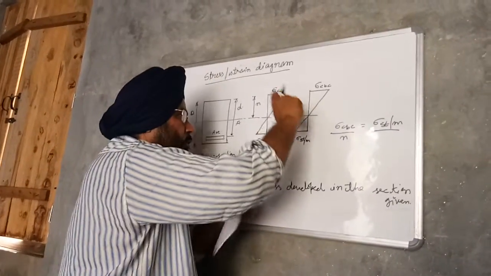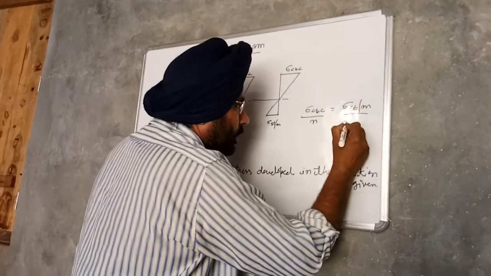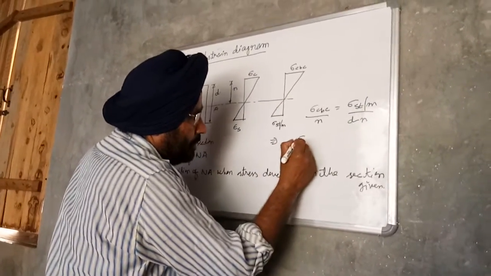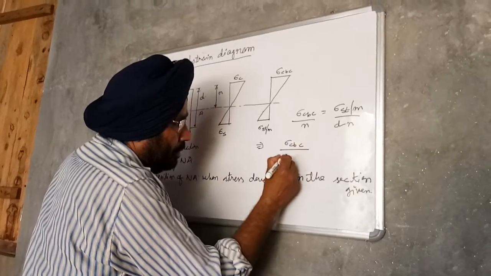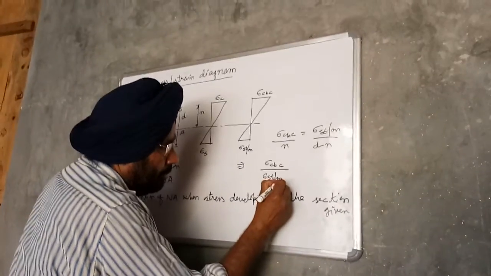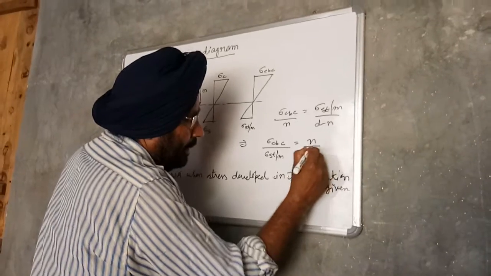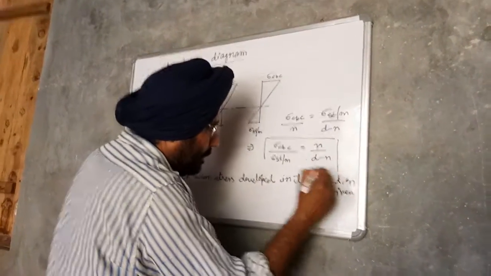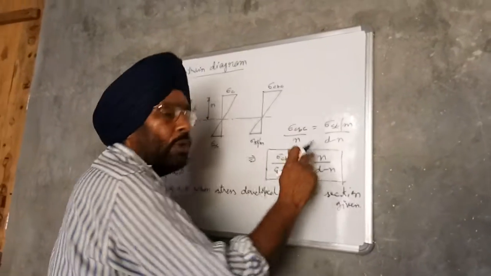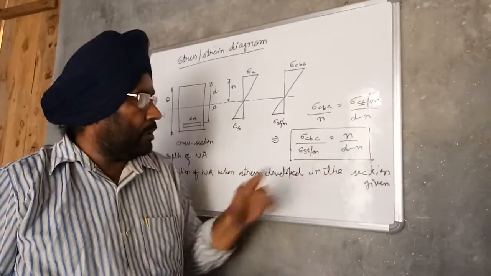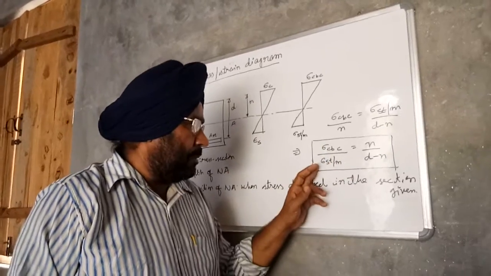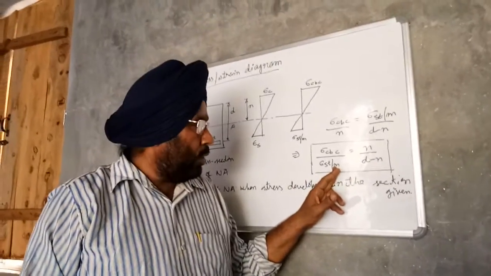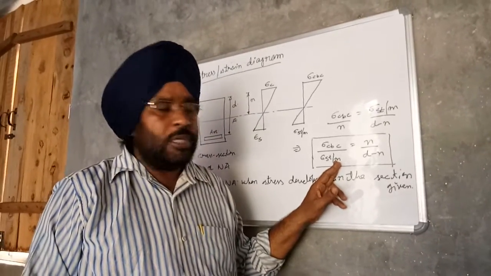So sigma cbc over sigma st upon m is equal to n upon d minus n. From this equation the depth of the neutral axis n can be calculated, because sigma cbc and sigma st are given, and m is also known, equal to 280 upon 3 sigma cbc.